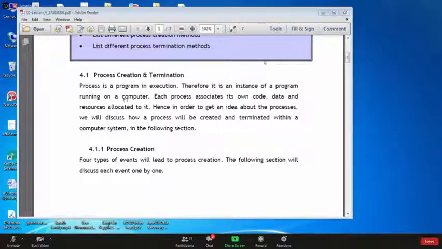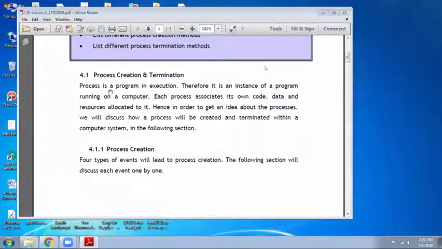If your program is saved on, for example, the hard disk, then we do not call it a process because it is just kept on the hard disk, not in execution mode. But when you load it into memory, when we want to execute it, then it's a different instance of a program, what we call a process.